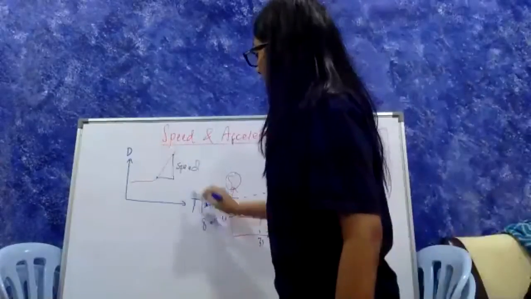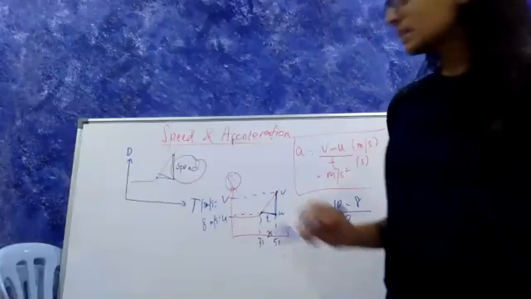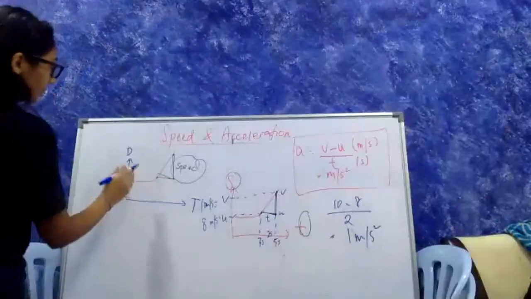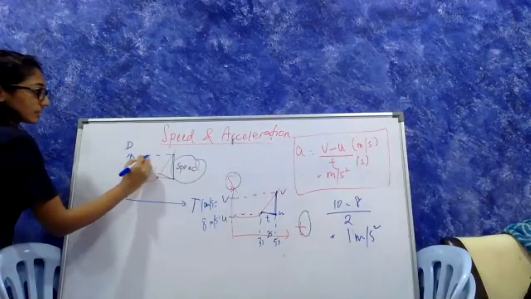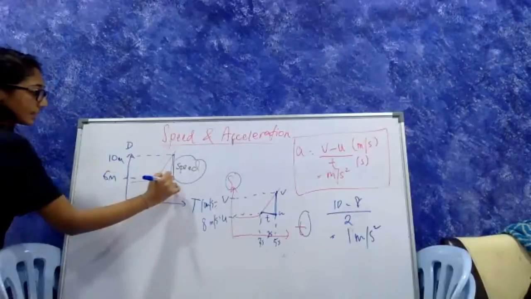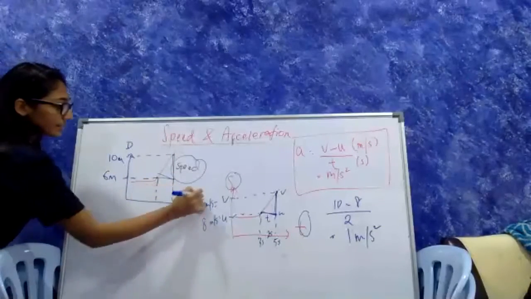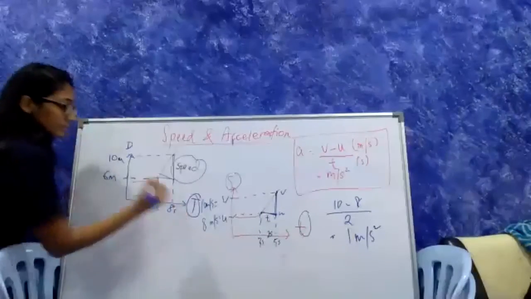For a distance time graph, to calculate the speed, I find the gradient. Speed is the same thing, because speed is distance over time. So this is 10 meters, and let's say this is 6 meters, and then this is my time, say 3 seconds and 8 seconds.